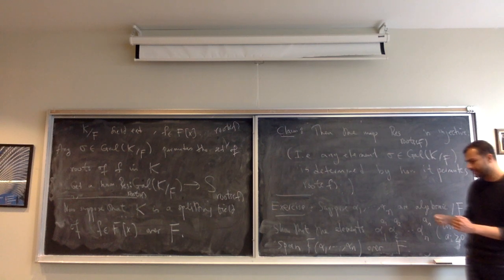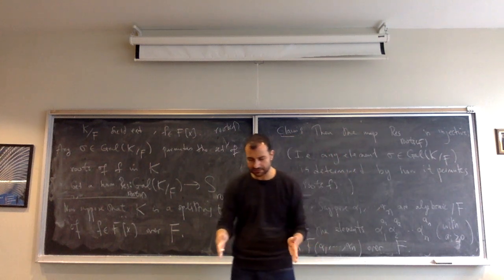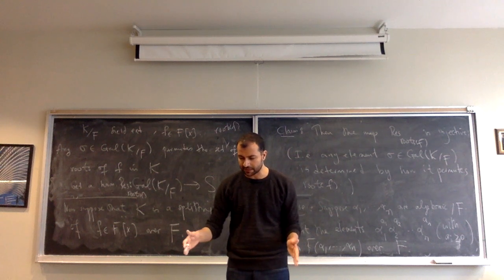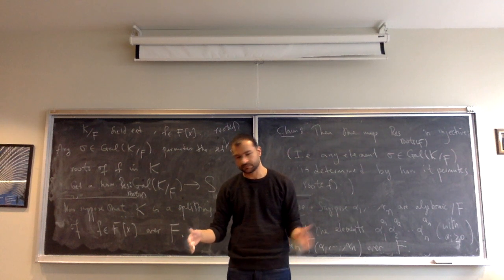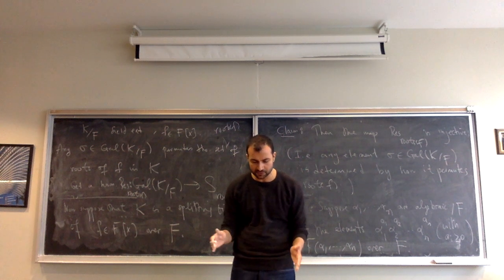Remember if you had field extensions F contained in K contained in L, here's about the spanning set. If you look at the proof of the degree formula, you'll see the following.